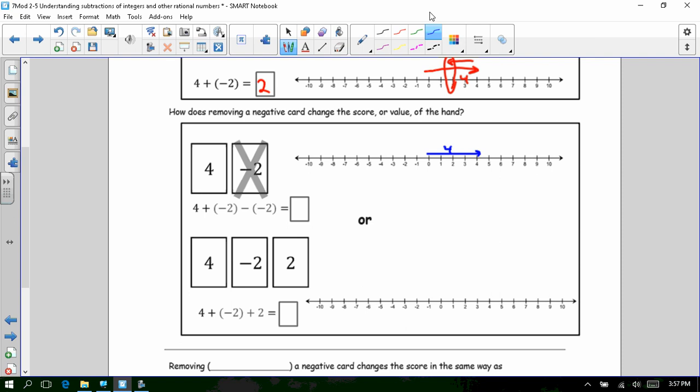I'm going to do the negative 2, but I'm going to remove it. I'm going to cancel it out. It doesn't exist. I think maybe I'll use yellow. I'm going to remove it. If I remove it, cancel it out, what do I have left? Where am I? I'm still at 4. All right.